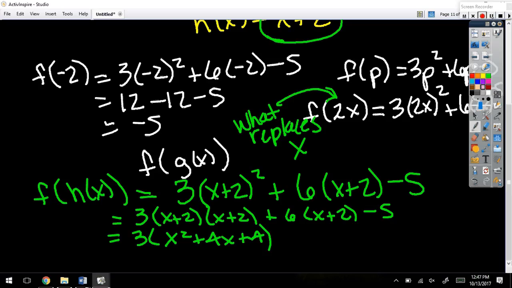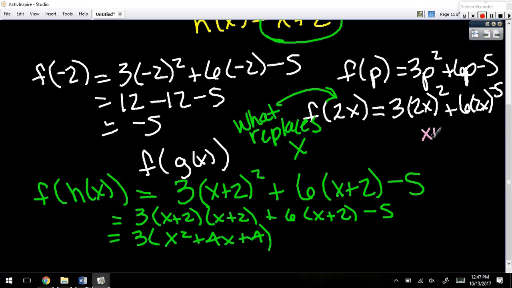X plus 2 times x plus 2 is x squared plus 2x plus 2x plus 4. You add some x, and then you add the 2 x's together to get the 4x.